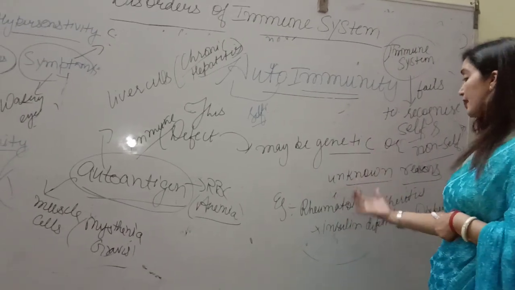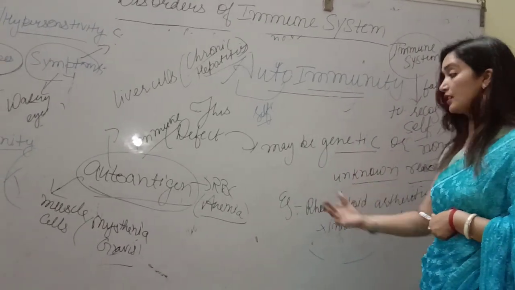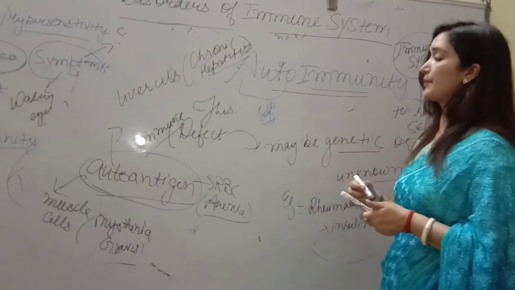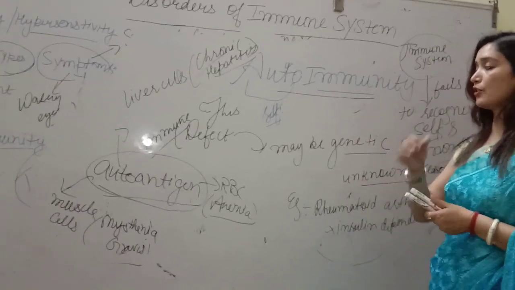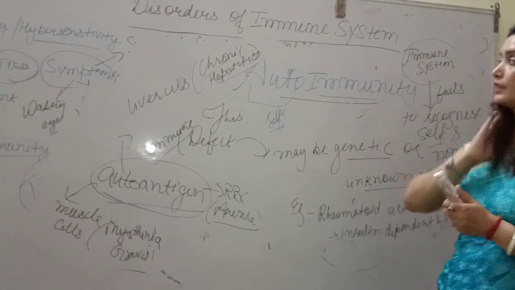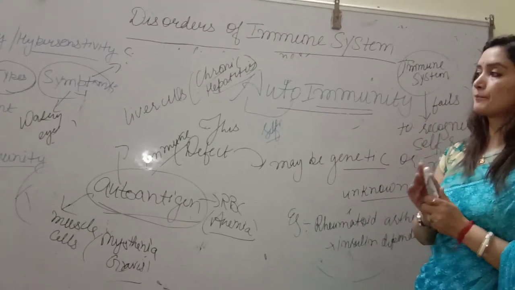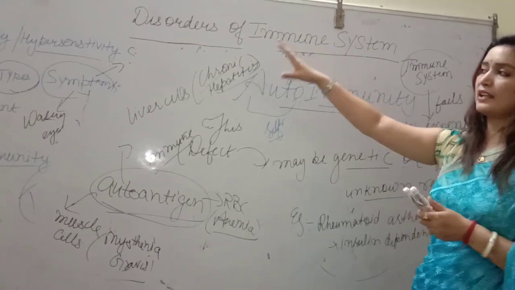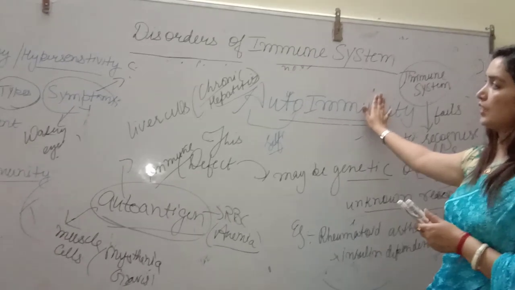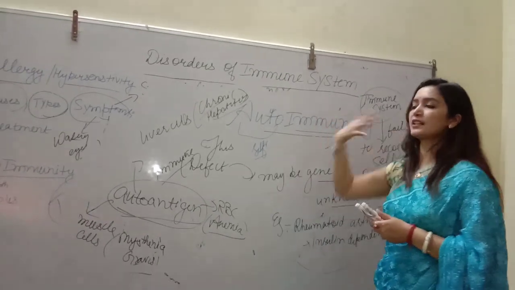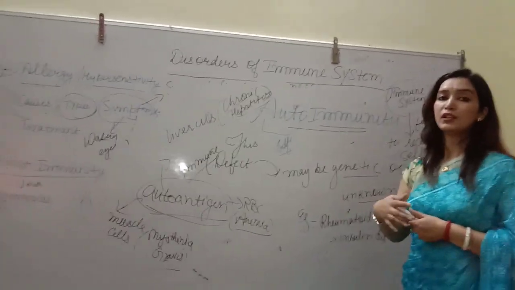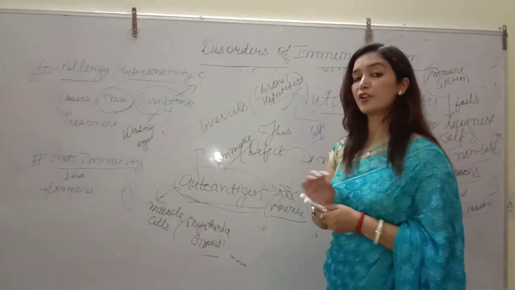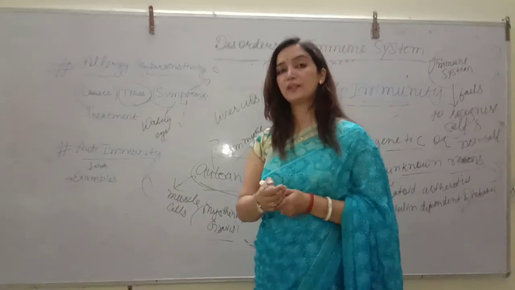Along with myasthenia gravis, anemia and chronic hepatitis, these are important ones, and similarly other types of autoimmune diseases are also there. So this is the basic idea, students: how allergy takes place if the immune system of our body gets weakened, and how autoimmune response takes place if the immune system starts working against our own body. Okay students, thank you, read the topic from NCERT also, and meet you in the next lecture.